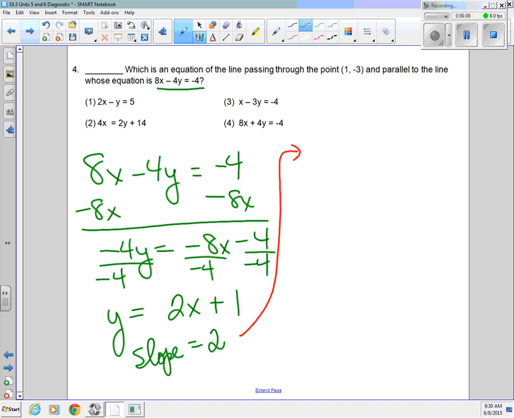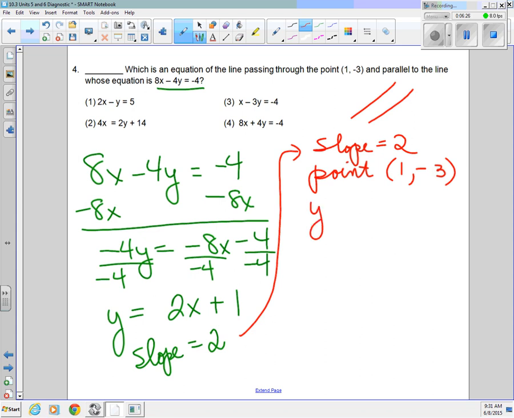So now I want to create an equation of a line. I want its slope to be 2. Parallel lines have the same slope. And it's got to have the point 1, negative 3 on it. So the equation of the line is y equals mx plus b. M is the slope, so I can plug that right in. That's 2. And I know the point x comma y, 1 comma negative 3 lives on the graph.